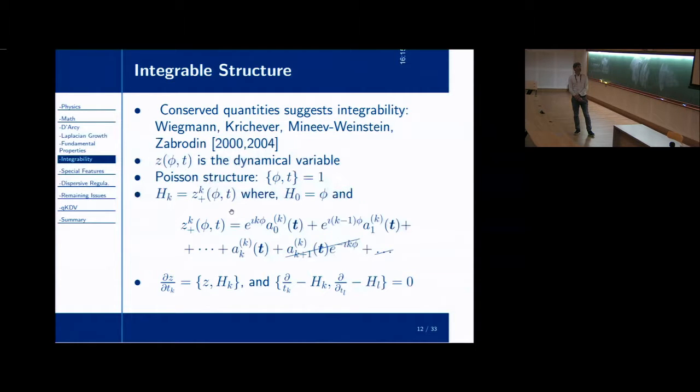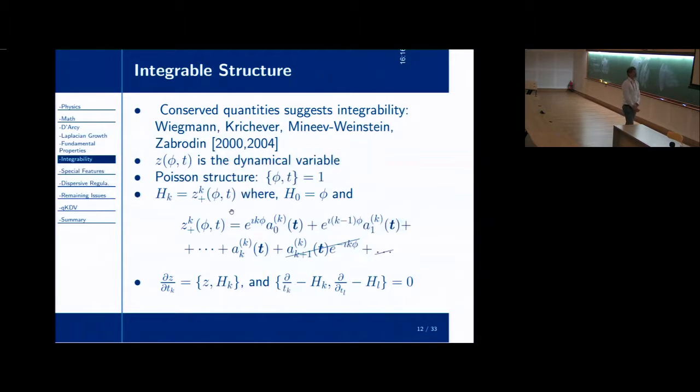If we want to change the shape of the domain such that only one of the Richardson moments is changed, this is dz/dt_k. One takes the Poisson bracket of z, which is a conformal map from the half strip to the exterior of the domain, with the kth Hamiltonian, which is defined in this way.